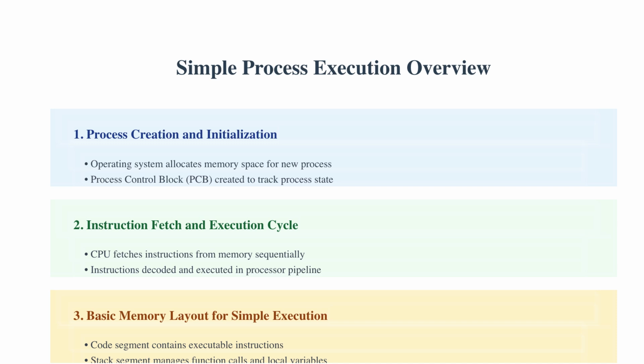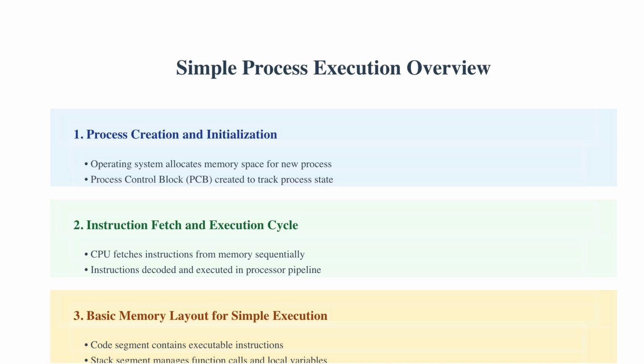Now that we understand the fundamental distinction between programs and processes, let's examine how a simple process actually executes within the operating system. Today we'll focus on simple process execution, the basic flow without the complexities of advanced memory management that we'll explore later. The first step is process creation and initialization.